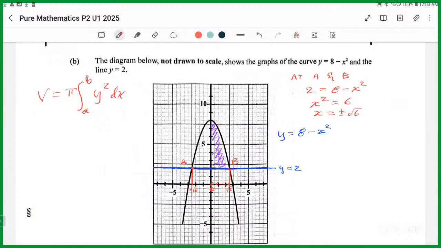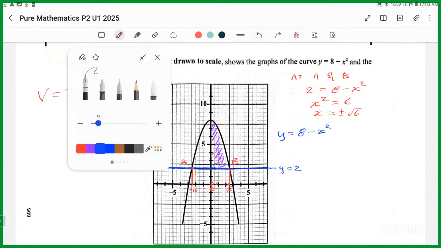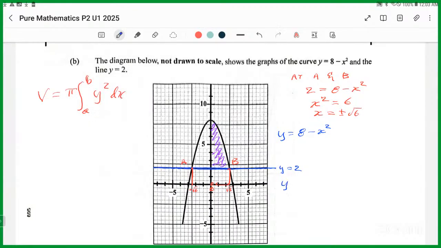So this is y, one of the lines. For the line, the y squared is 4. This is the curve, and this is the line.